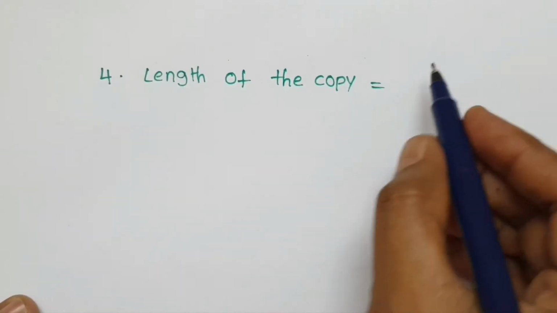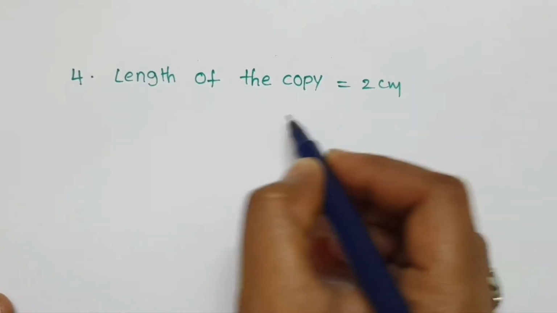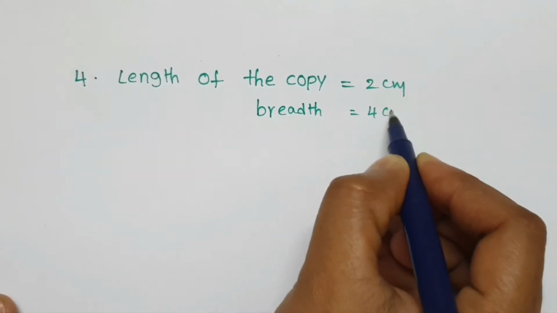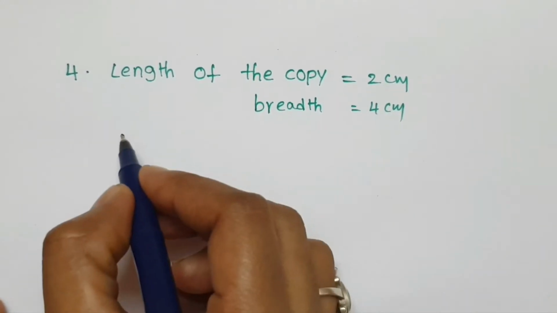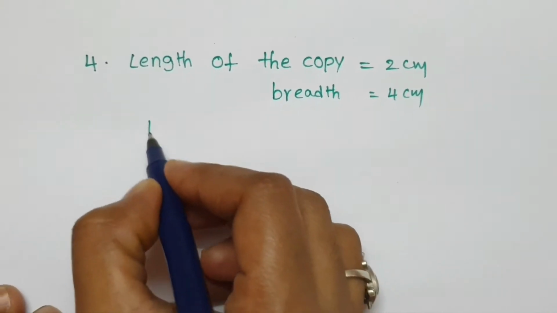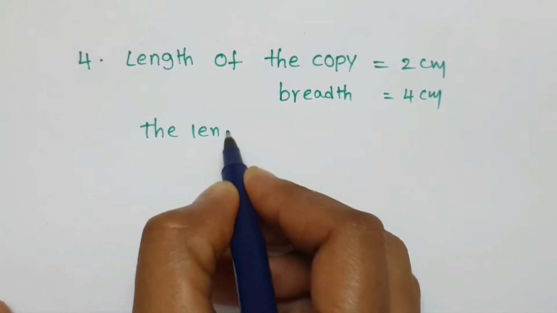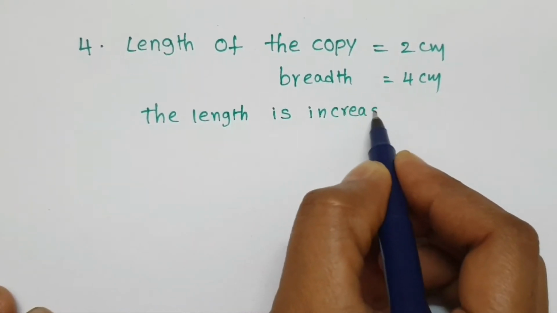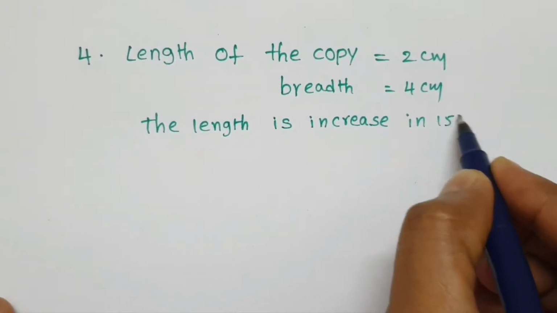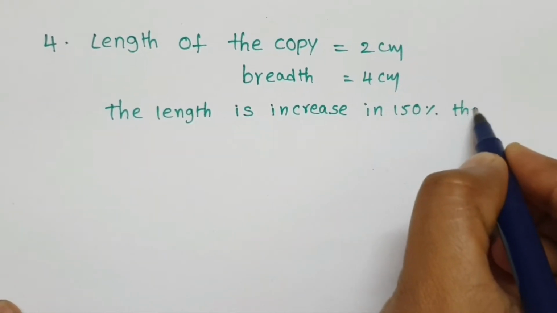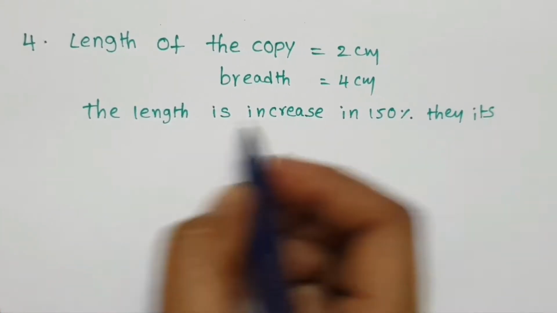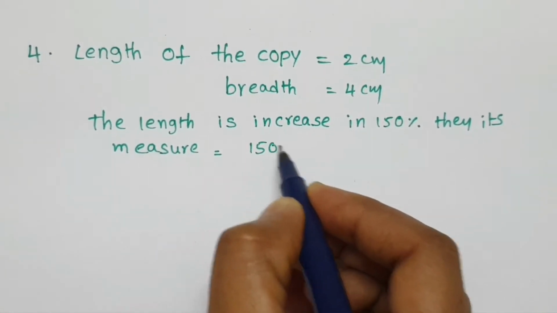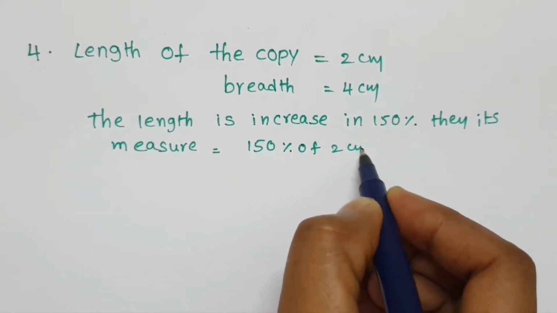Answer: length of the original is 2 centimeters and breadth is 4 centimeters. If the length is increased by 150%, then its measure means 150% of 2 centimeters.